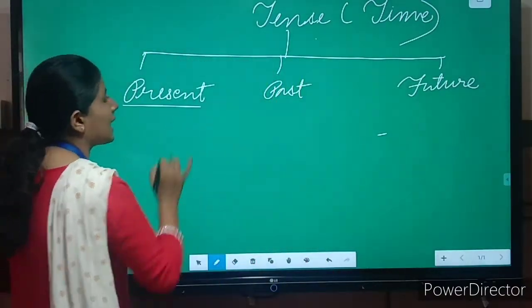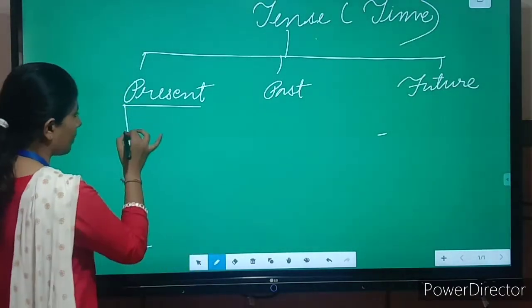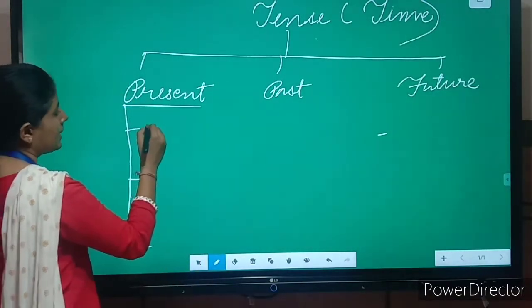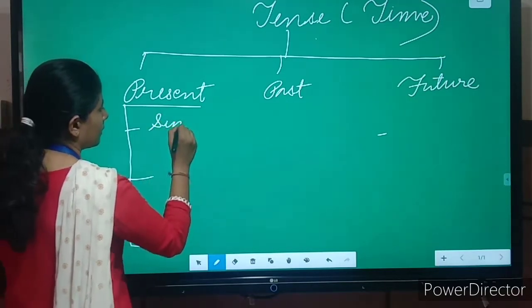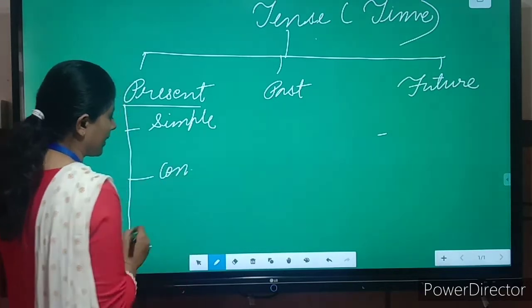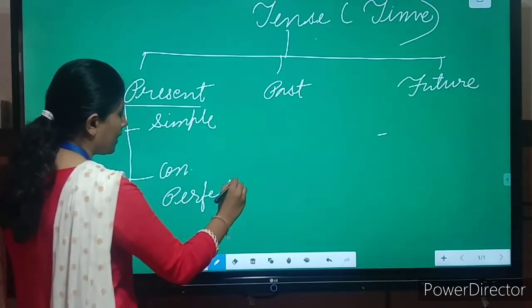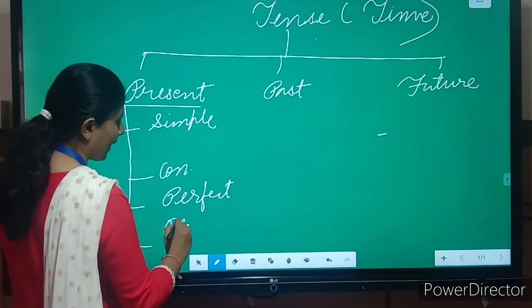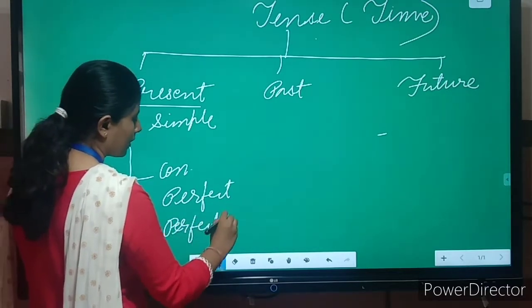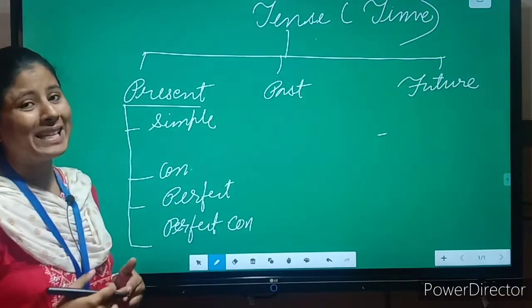So each tense has four parts again, that are present simple, present continuous, present perfect, and present perfect continuous. So these are the four parts of each tense.